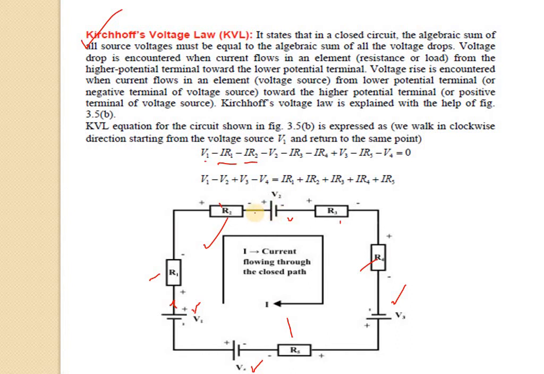Then the direction is opposite, so it is minus V2, then minus I R3, then minus I R4. Again the direction of V3 is the same as V1, so it is positive V3, then minus I R5, minus V4. All the values are negative apart from V1 and V3, and according to that you can calculate, and the summation of voltage drops plus sources equals 0. That indicates our Kirchhoff's voltage law, KVL.